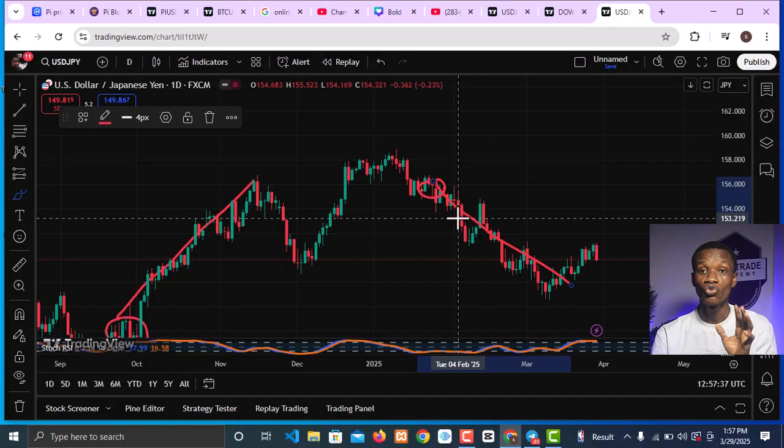About the tariffs. The tariffs are causing a lot of negative sentiment in the market. So therefore, for the fact that USDJPY is risk off, negative, it means that the USDJPY pair is going to come all the way to the downside. So therefore, you don't look for buy opportunities, especially in the long term. You look for sell opportunities because it's going to come all the way to the downside.